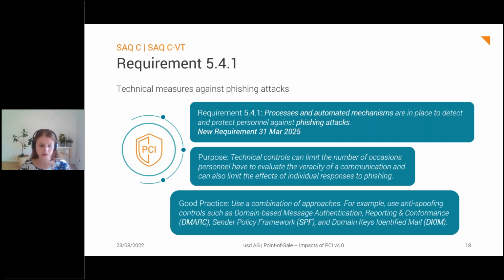How do we implement this? We can do this, for example, with anti-spoofing controls, with Domain-based Message Authentication, Reporting and Conformance, Sender Policy Framework, and DomainKeys Identified Mail. Those are all solutions which are installed in the mail server itself. But it is not the goal of PCI version 4.0 that the mail server becomes part of the certification.